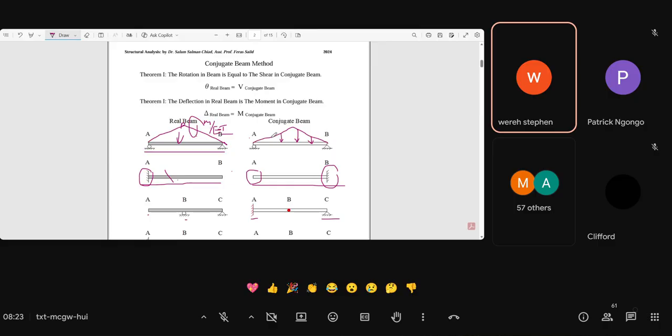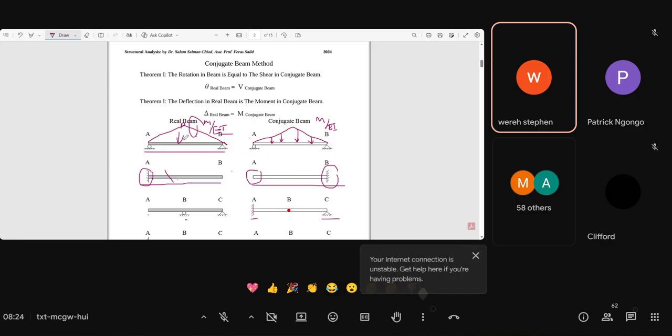So remember initially the bending moment diagram was triangular. This load is M over EI. Now it becomes the load on the conjugate beam. So you see, first step, draw the bending moment diagram.